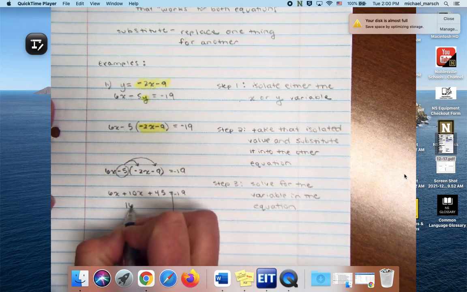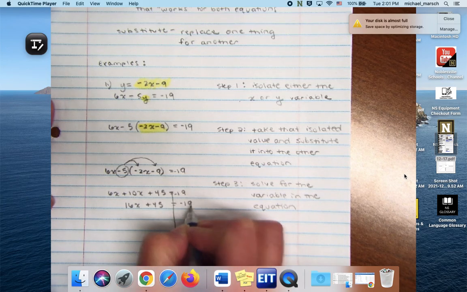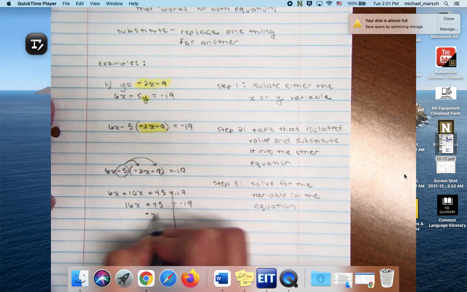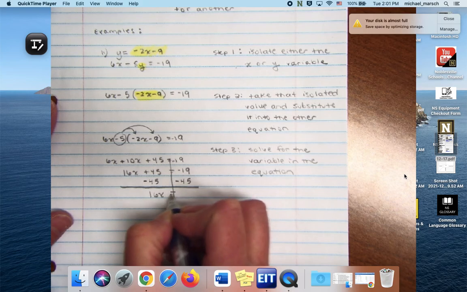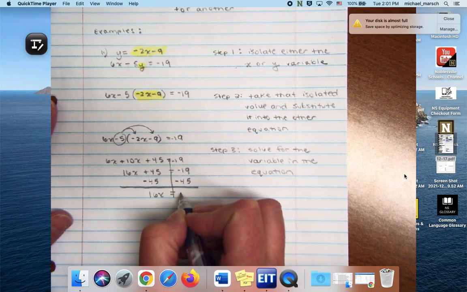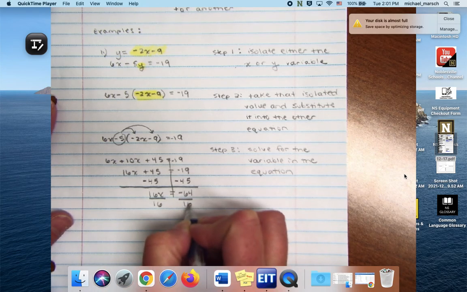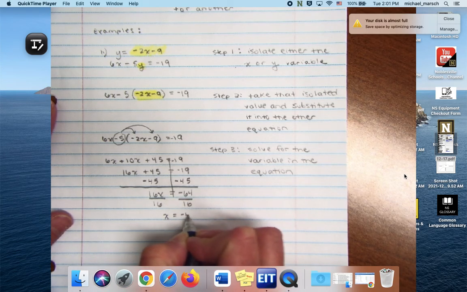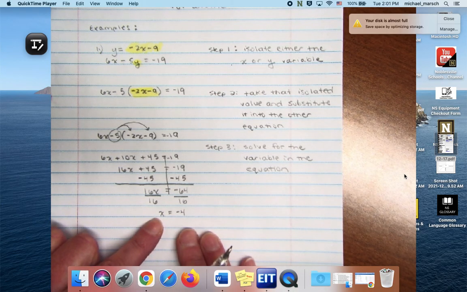I'm going to get 16x plus 45 equals negative 19. Subtract 45. Don't worry, I'll give you plenty of time to do this. 16x equals negative 64. x equals negative 4. So now I have the x value of my ordered pair.